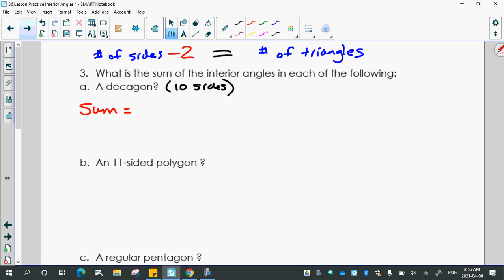So the number of sides, 10 minus 2, is 8 triangles. So this stands for triangles here. 8 triangles times 180 degrees for each triangle gives me a sum of 1,440 degrees.